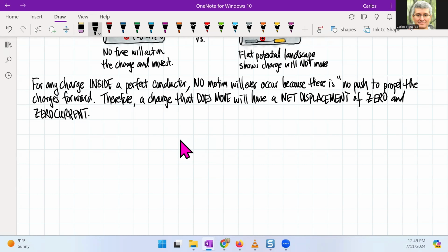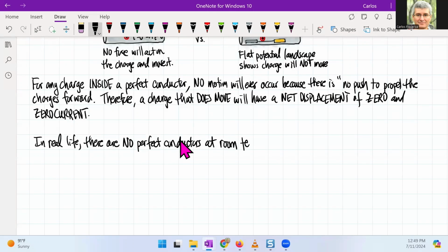However, in real life, there are no perfect conductors at room temperatures.